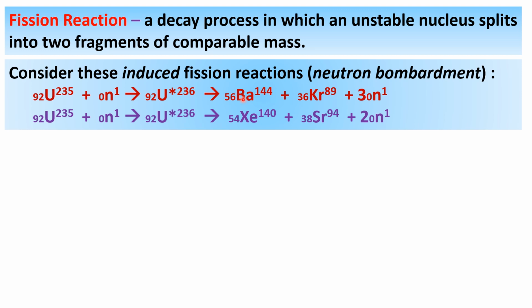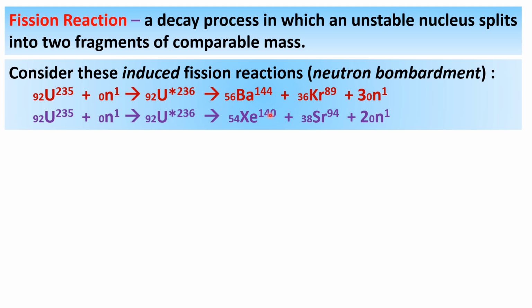So these are examples of what we call induced fission reactions, where a neutron is used to bombard the heavy unstable uranium-235. Uranium-235 can easily undergo fission when the neutron is slow moving.